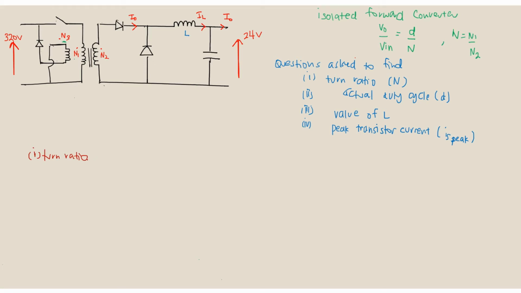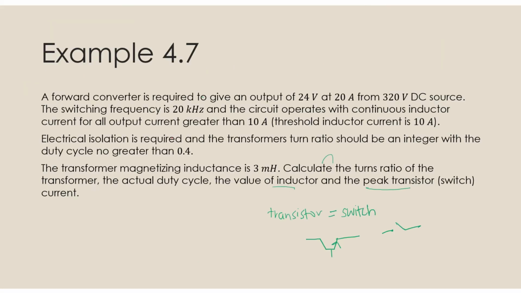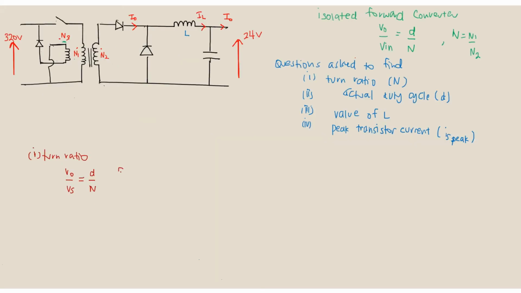You know the formula: V out over V in equals D over N. In the previous question, you are given the duty cycle as 0.4, so let's use that here.